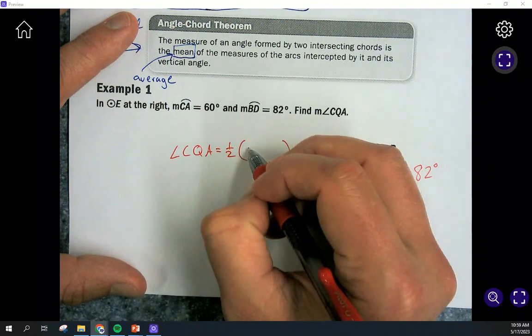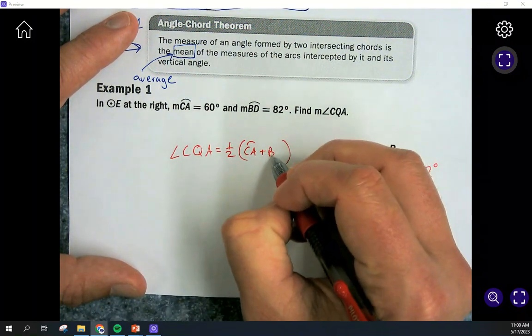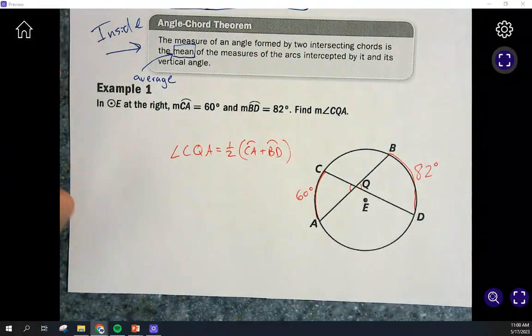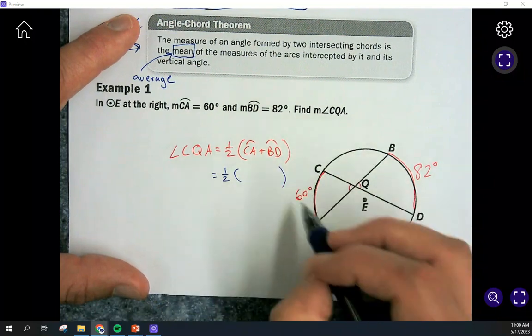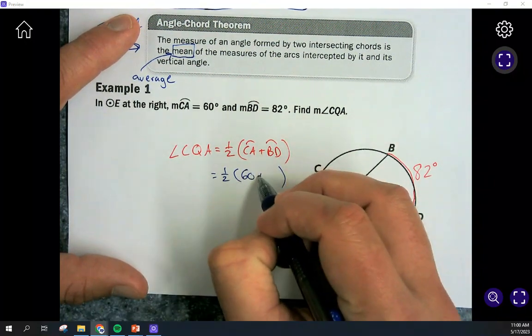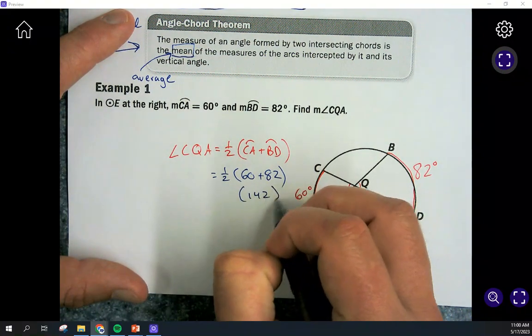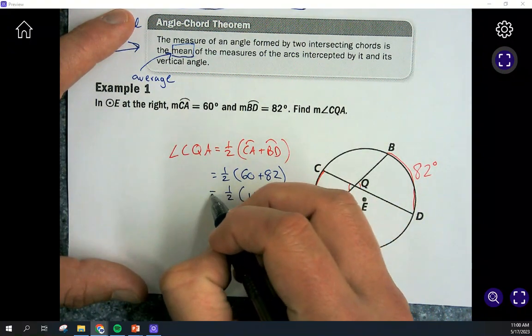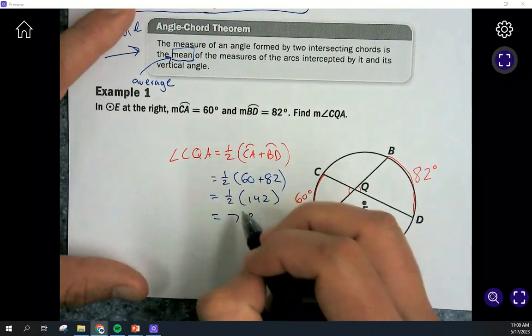I'm going to go ahead and label it CA plus BD. So if you look back at your notes, you can see where this came from. But basically all I'm doing is taking half of the sum of these two, 60 plus 82. That comes out to 142 when I add them, and then I have to take half, and that's 71 degrees.